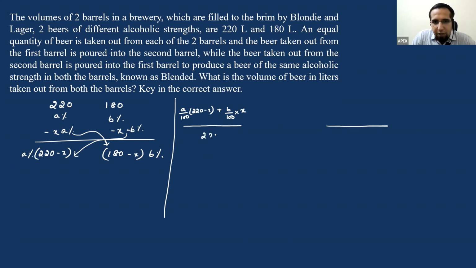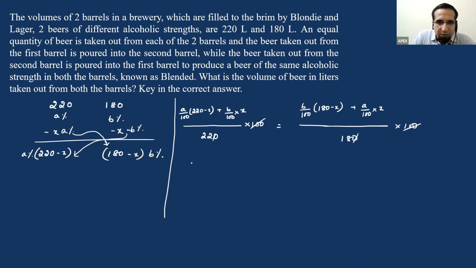Divided by 220 into 100. And here, what do we have? We have B percentage of 180 minus X plus I am adding A percentage of X. This multiplied by 100 divided by 180. So this 100 and 100 get cancelled, 0, 0 get cancelled, 2 11s are, 2 9s are.